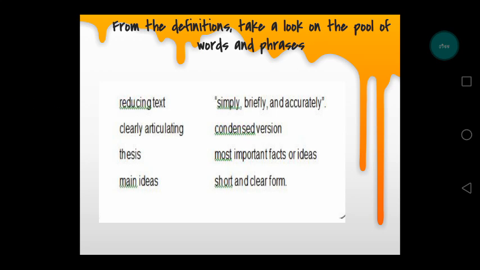Next is, ayan. So, from the definition, take a look at the full list of words and phrases. So these are the words that you can use for summarizing, or the way that can help you for summarizing.